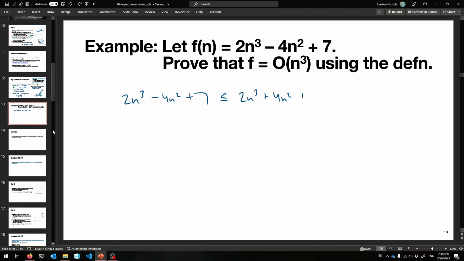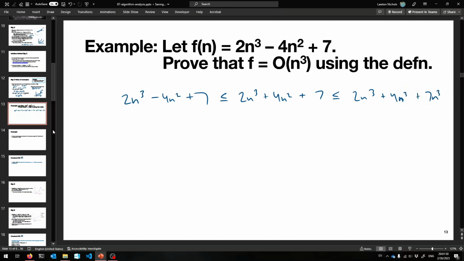So this is always bigger if you change the minus to a plus 7, so that's fine. And then also, these terms are all smaller than n cubed, so let's just make them n cubed, right? This is always less than or equal to 2n cubed plus 4n cubed plus 7n cubed. Just put an n cubed next to all of these.